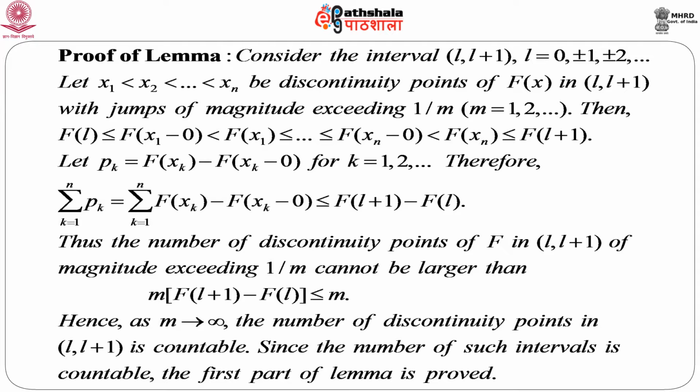So, if we let m go to infinity, naturally the number of discontinuity points in this interval L to L plus 1 is countable. Again, since the number of such intervals is countable, we can immediately conclude that the first part of the lemma is proved, because it ensures that the number of discontinuity points of f is at most countable.